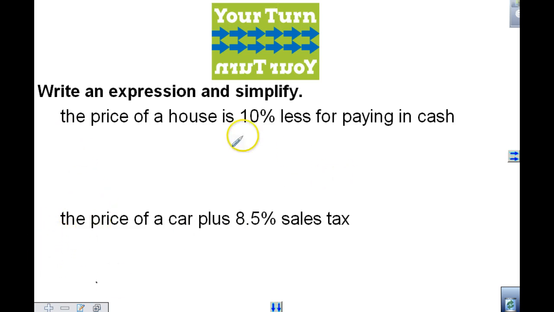So it's good to understand how you calculate this. First, if you're going to pay 10% less, well, it's 10% less than what? What are we starting with? 10% less than what? The house. So we have to start with the cost of the house, and then take off our 10% of the house.